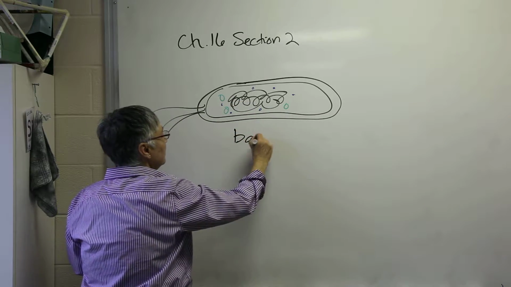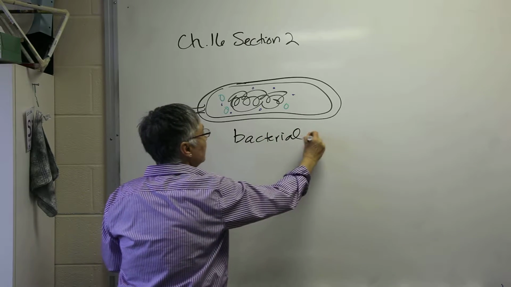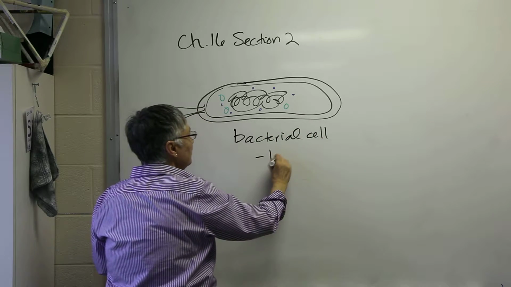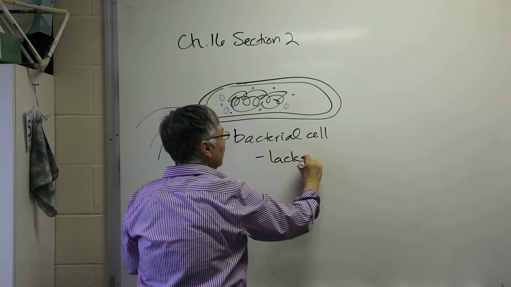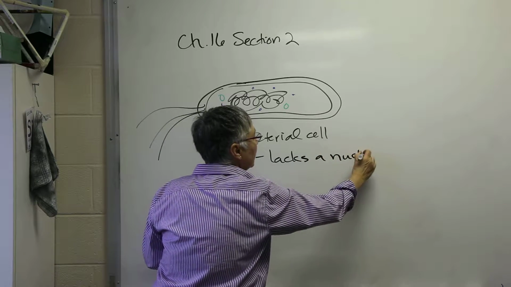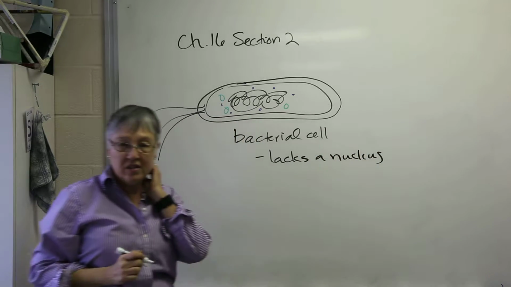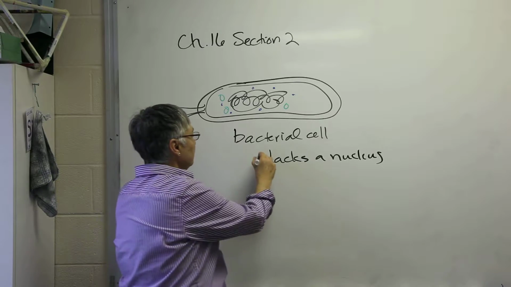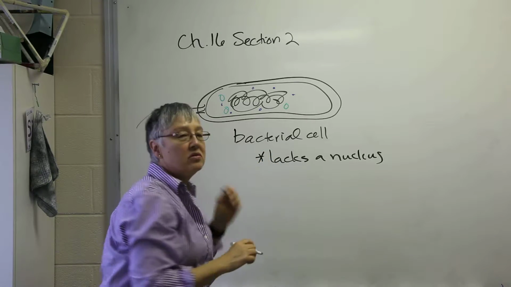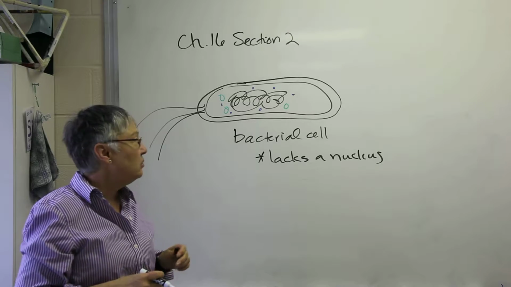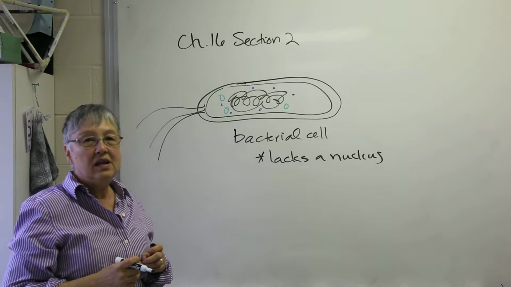This is a bacterial cell. Remember that prokaryotes lack a nucleus. So it's a major characteristic. So there's no membrane that surrounds the DNA or the chromosome.